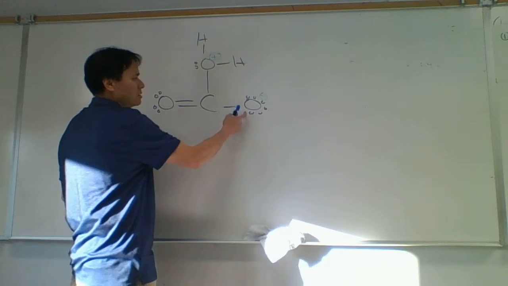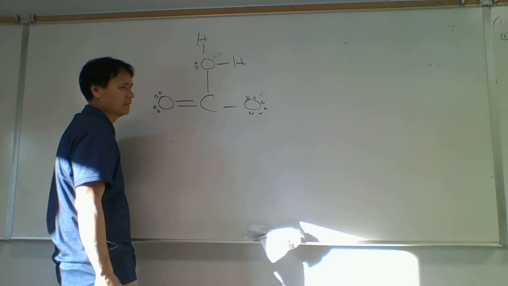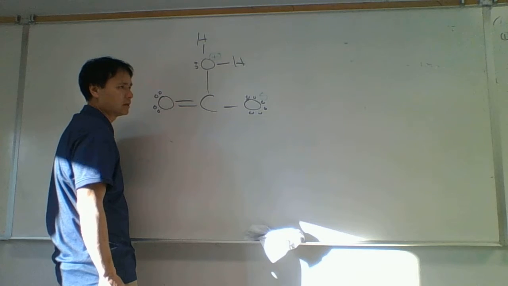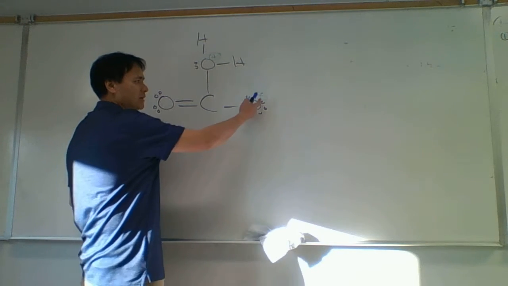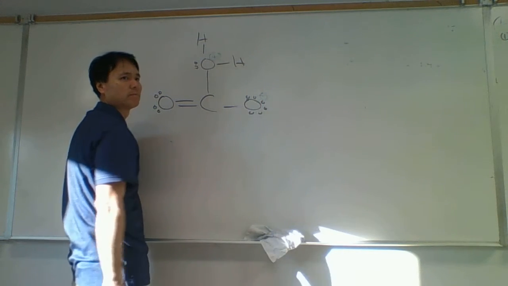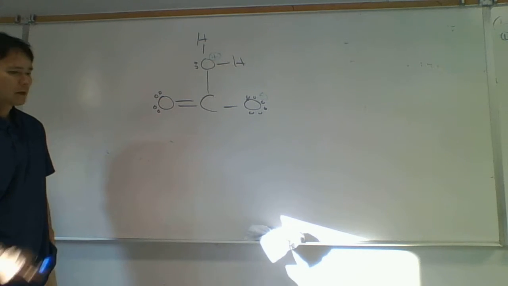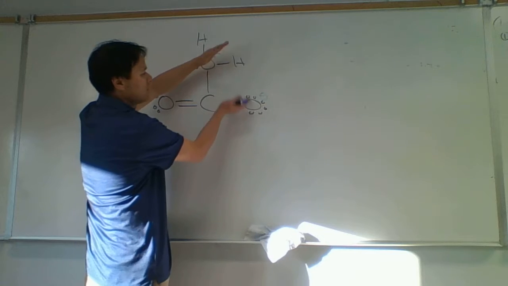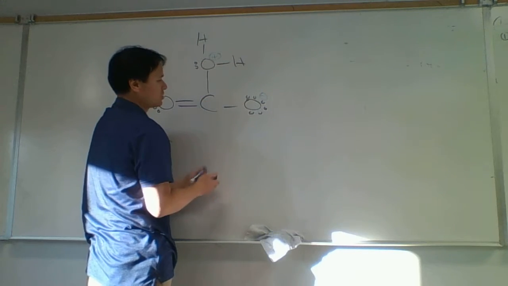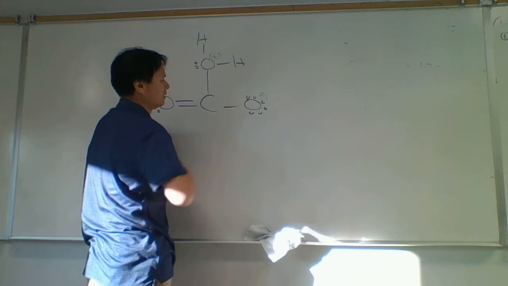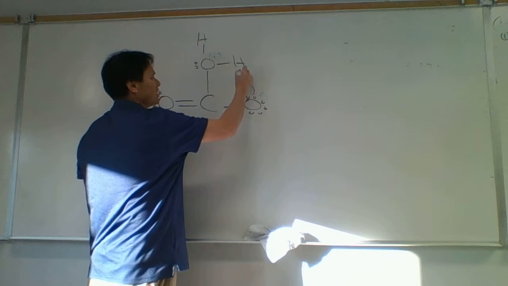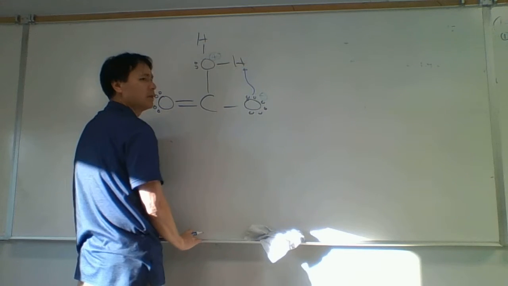And this oxygen is going to be even more basic, because what makes a good electron pair donor? What makes a good electron pair donor is having negative charge, or more negative charge. And so what's going to happen is this molecule is going to vibrate like this. During the process of vibration, this lone pair gets pushed into this hydrogen and plucks it.